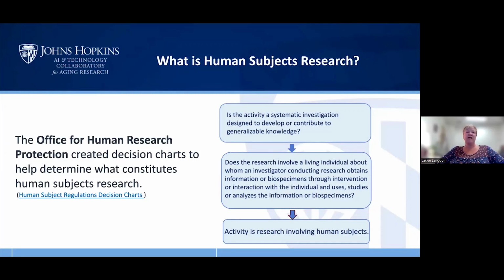So it will likely be human subjects research. A systematic investigation to develop or contribute to general knowledge. Yes, you're going to have a living individual helping you determine these things. You won't likely have biospecimens, but you will have information that you'll analyze. And therefore, that's where I'm going to convince you that you are probably doing human subjects research.